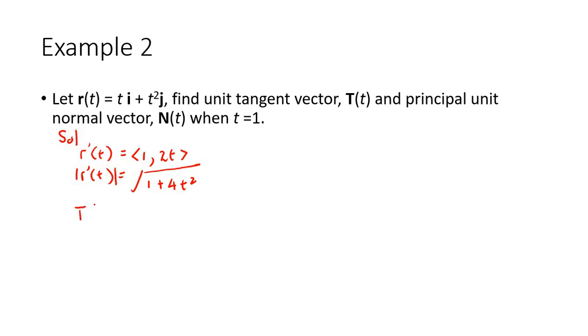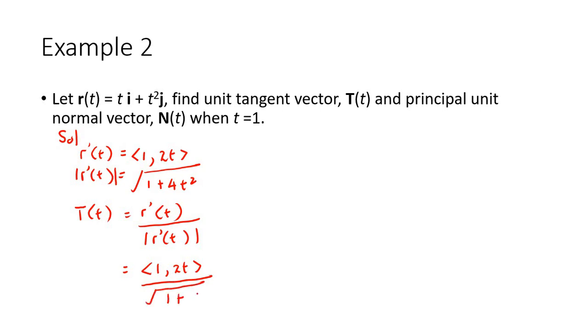Then T(t) is r'(t) divided by the magnitude of r'(t), which is i plus 2t j divided by the magnitude, which is square root of 1 plus 4t squared.